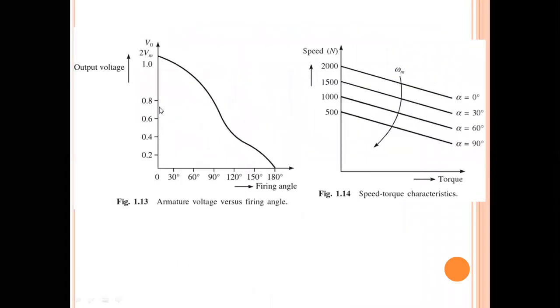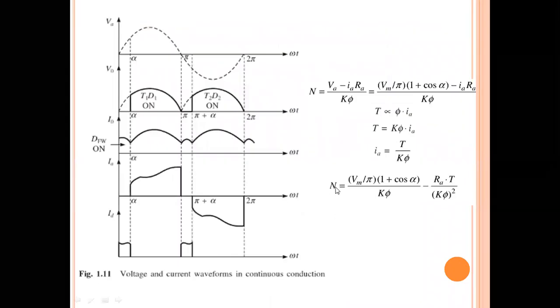So by regulating alpha, we can regulate the output voltage. Similarly for the speed torque characteristics, from this equation the speed depends upon alpha. So by controlling the firing angle, we can also regulate the speed of the motor.